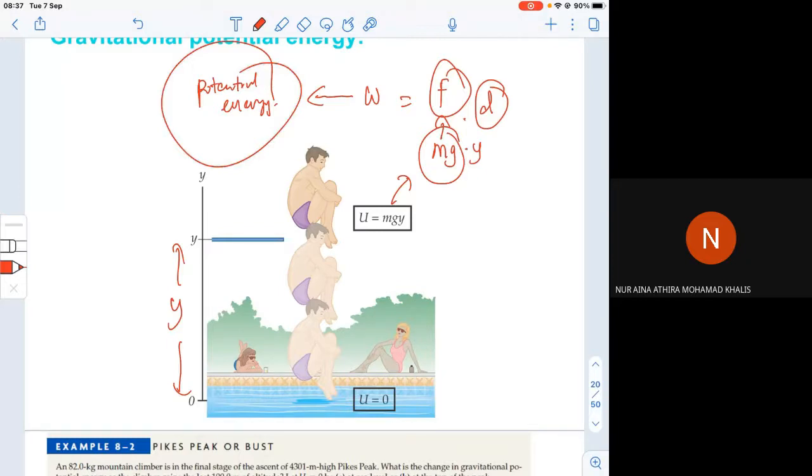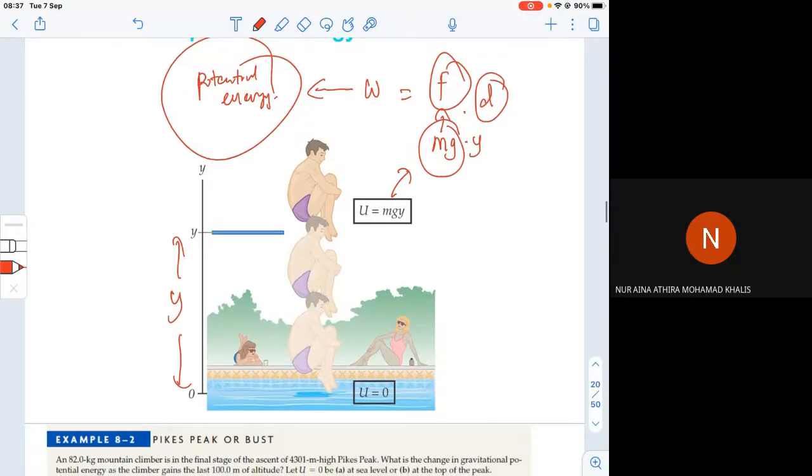So the potential energy will give a different value at a certain level. For example, because potential energy needs to have some height, some y, at this point the work will be zero, so the potential energy is zero.